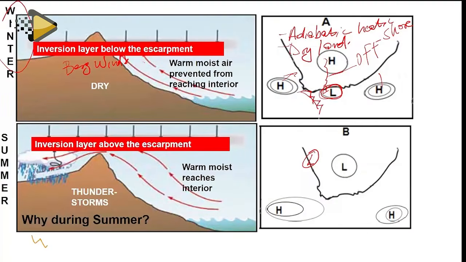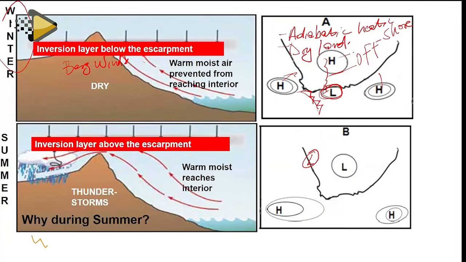Now, if you see a cold front here, a coastal low here, and Kalahari high pressure here, then you can see in a synoptic weather map, and they ask you what conditions are favorable for the development of berg winds.